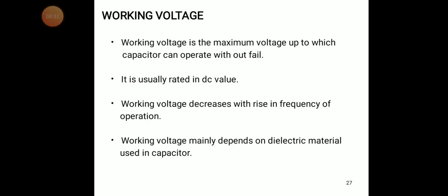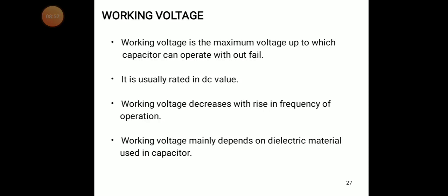Working voltage decreases with a rise in frequency of operation. If the frequency of operation increases, the voltage will decrease. The meaning is, if frequency increases, the voltage capacity decreases. Working voltage mainly depends on the dielectric material used in the capacitor.